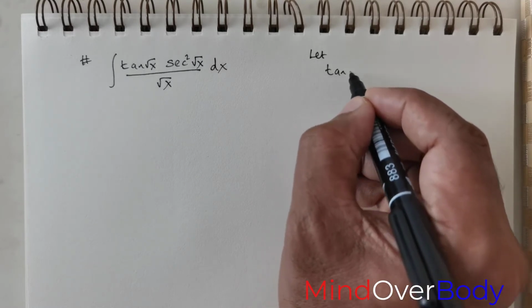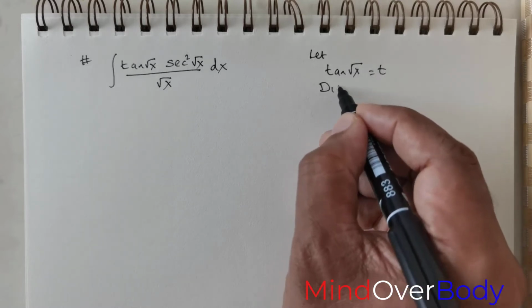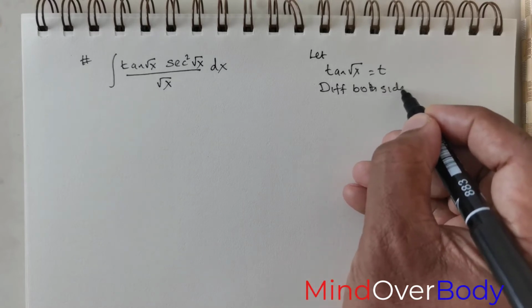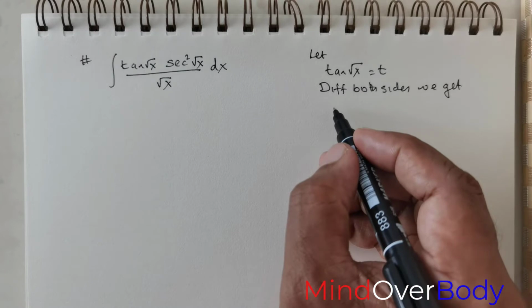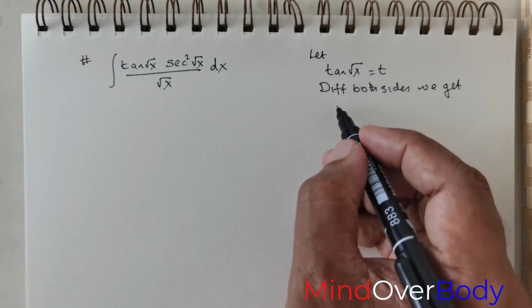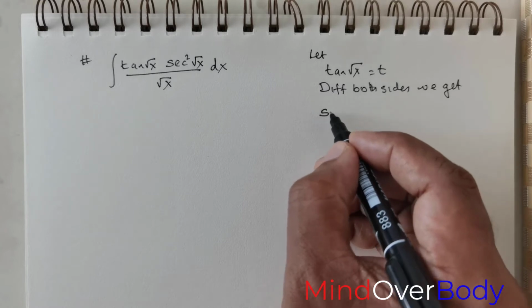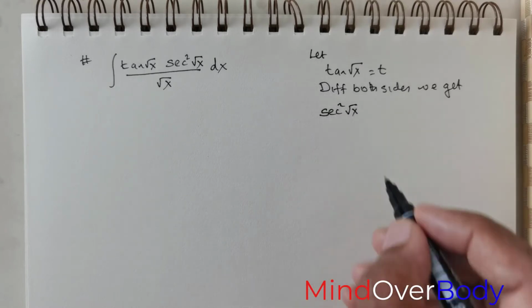Let tan of root of x be equal to t. Differentiating both sides, we get, so differentiation of tan x would give us secant squared x. So in this case, it's going to be secant squared of root x times differentiation of root x.